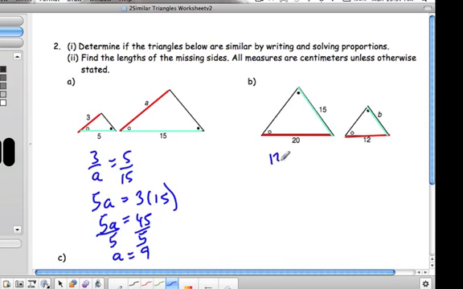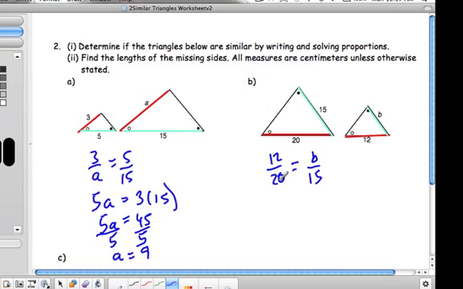So 12 over 20, and this time I'm putting the second triangle numbers on top, is equal to, since the smaller triangle is the measurements put on top, I have to do the same thing in the second ratio, so that's going to be B over 15.